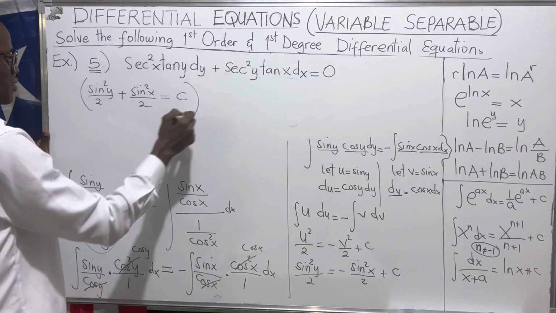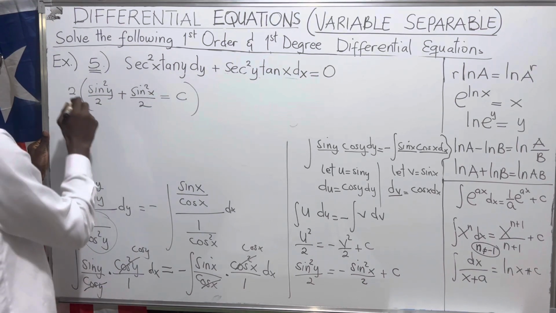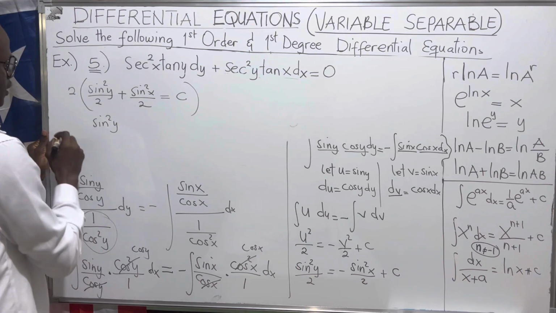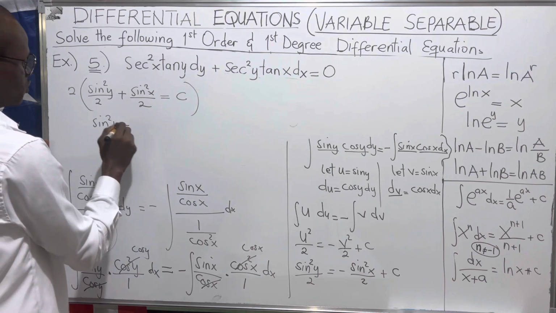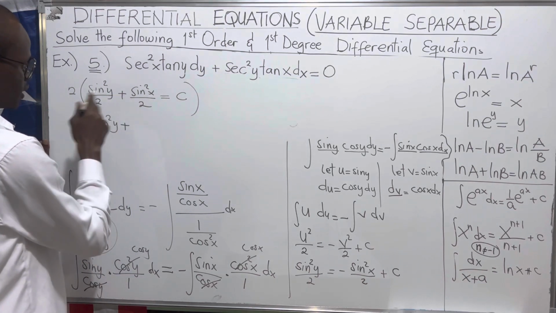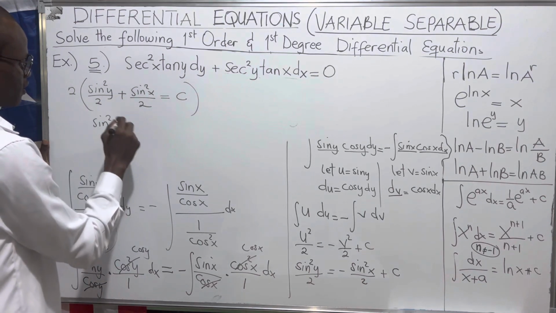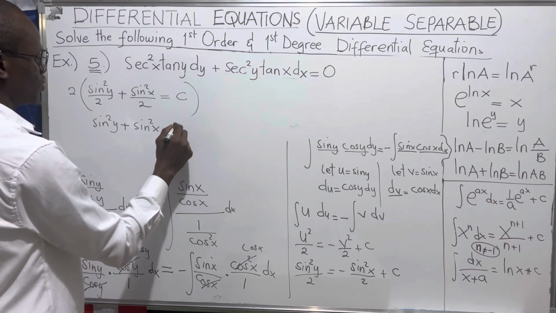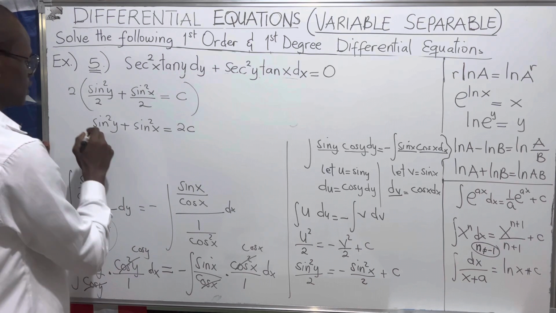So we can multiply all sides by 2. So 2 times this, you will just be left with sine squared y, and then 2 times this, you'll be left with sine squared x, all equal to 2c.